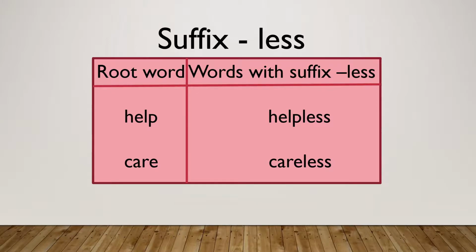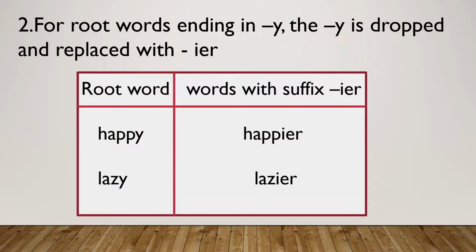Have you understood student? For root words ending in Y, the Y is dropped and replaced with IER. So student, if the root word is ending with Y, we have to remove that Y from the root word, and instead of Y, we have to add the suffix IER.